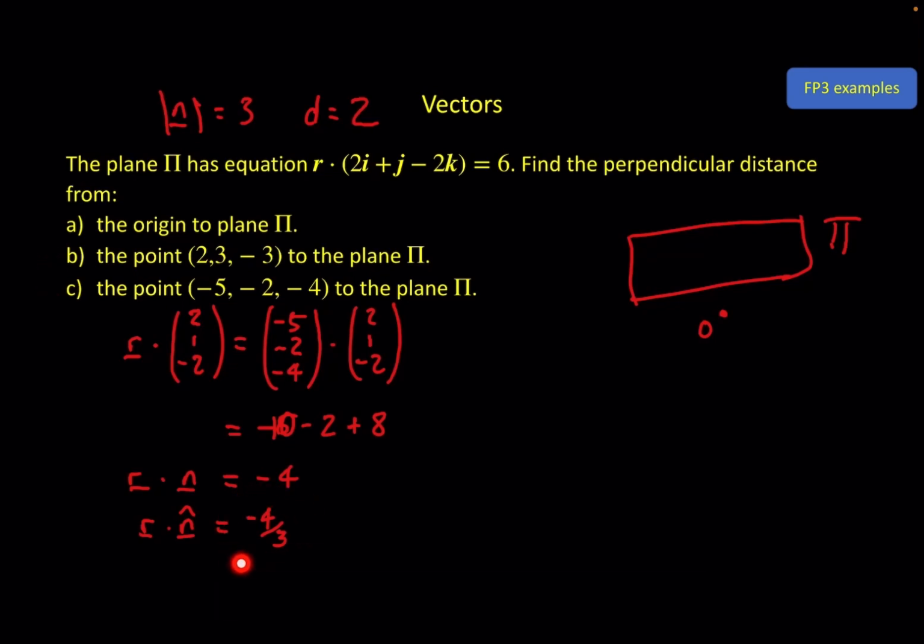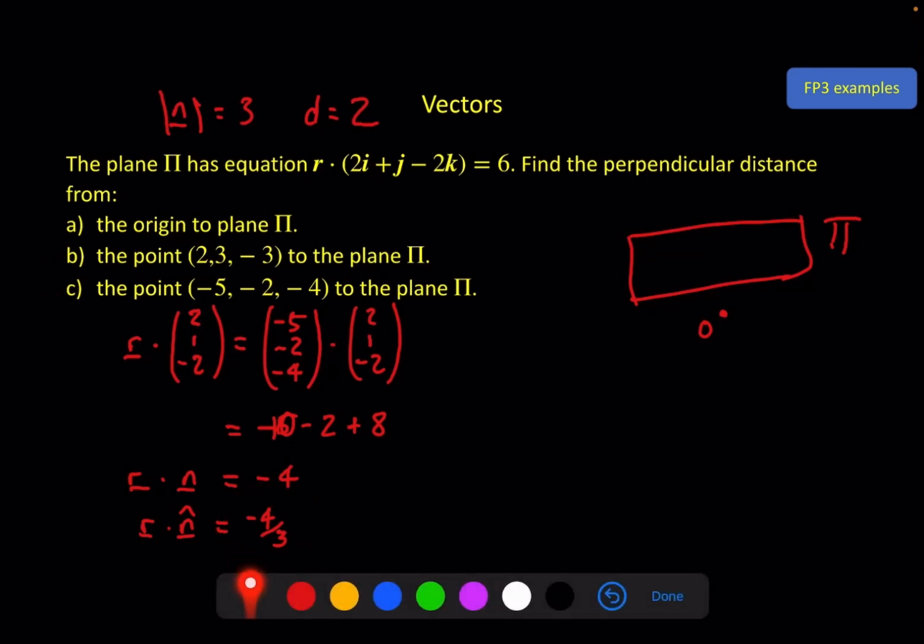This negative on the distance here tells you it's going in the opposite direction. So from here to this plane was 2 units, and this third plane is in the other direction. It's on the other side of the origin.